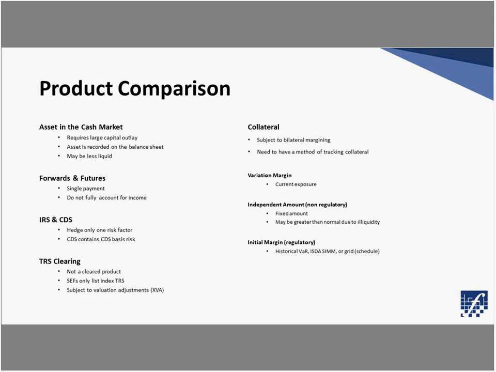Forwards and futures, they're a single payment instrument. So with total return, you have an ongoing series of cash flows that match the actual risk of some asset that you're referencing. With forwards and futures, that's not the case. In addition, forwards and futures do not fully account for the income component.